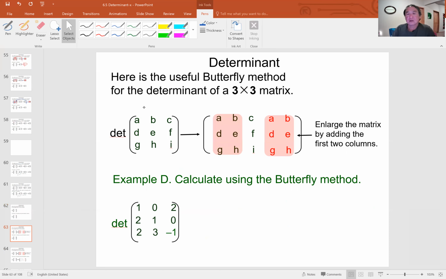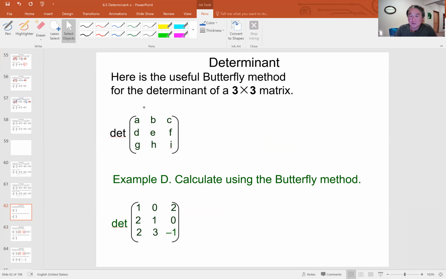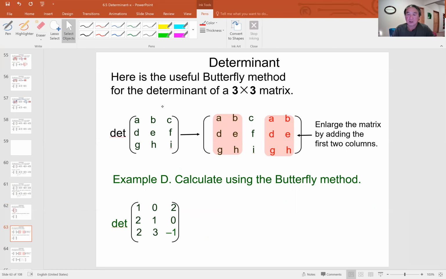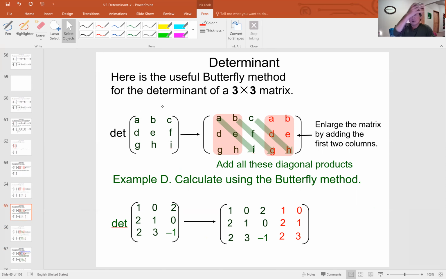Okay, and then there's the so-called butterfly method. With the butterfly method, you copy the first 2 columns over on the other side, make it bigger. Then we're going to multiply all the diagonals from top left to the lower right, the 3 of them, and add them together.